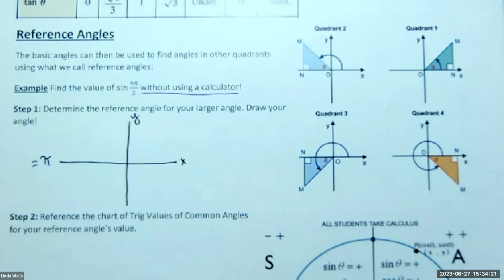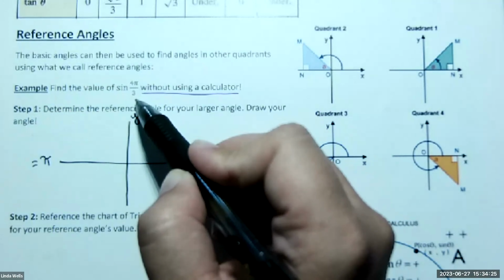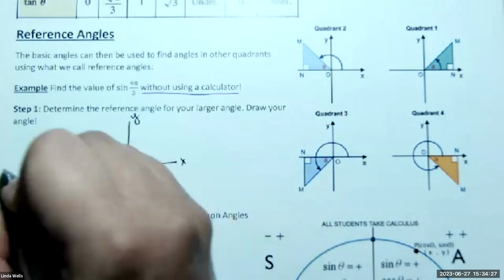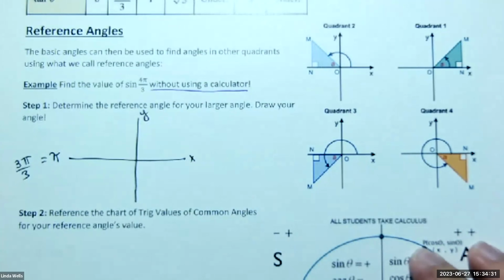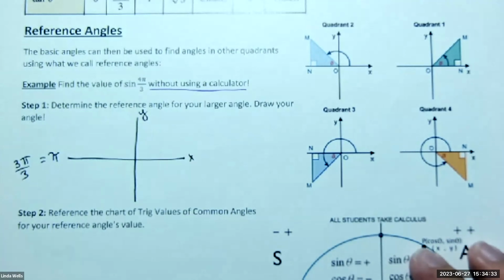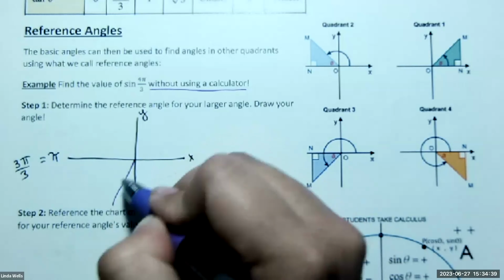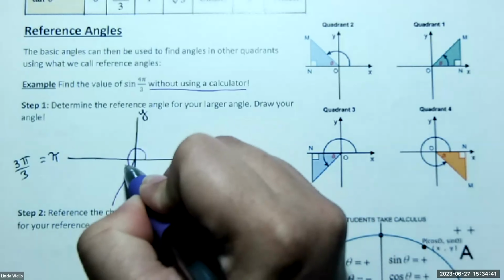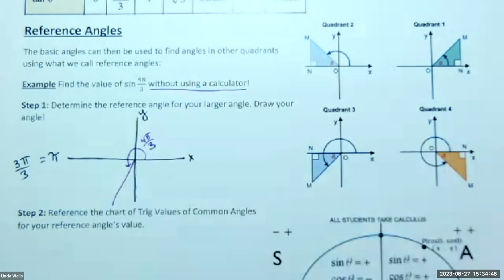If I want a common denominator with 3, pi is the same as 3 pi over 3. Then I need 4 pi over 3, so that would be 1 more pi over 3. So we are down here. This angle here is 4 pi over 3.